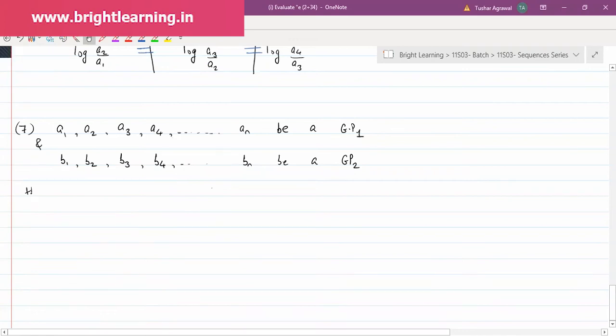If we take the product of the corresponding terms, it will be A1B1, A2B2, A3B3, A4B4, and so on. This will also be a geometric progression.